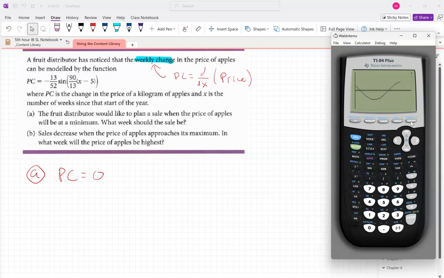Okay. All right, so how many candidates do I have? I have 2 solutions to the price change equaling 0, right? This one that's on the left, is that going to be a maximum or minimum? Great. How did you know it's a maximum?